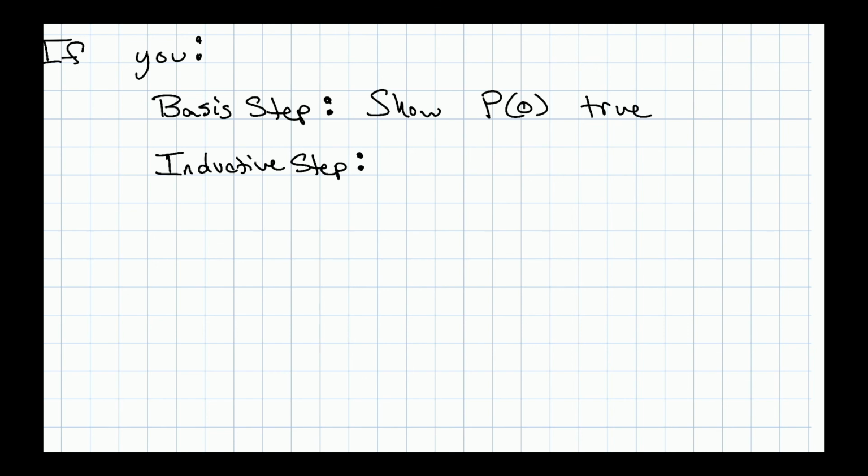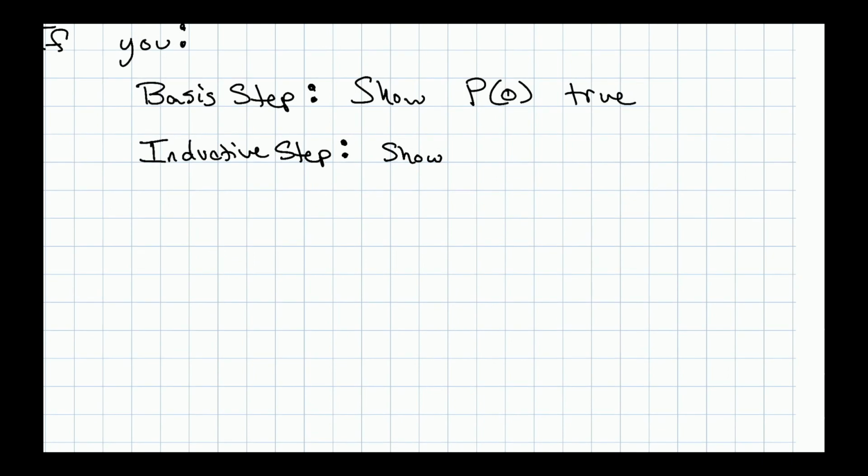Same thing for basis. Like I'll probably write base step a lot. Does not matter. All right, inductive step. What are we going to do? You need to show basically this: P of k true.